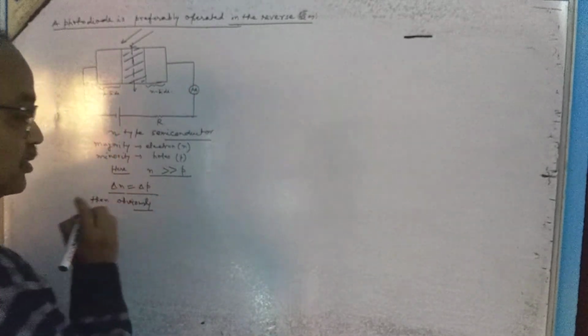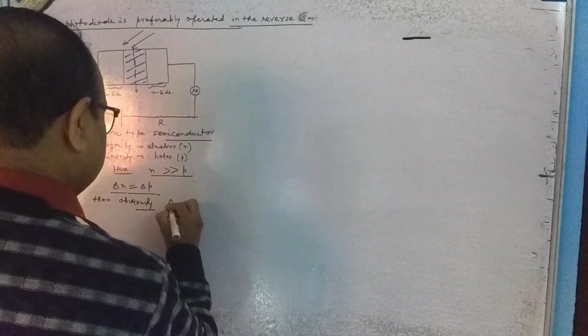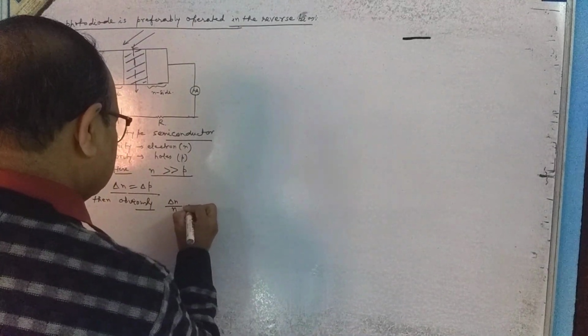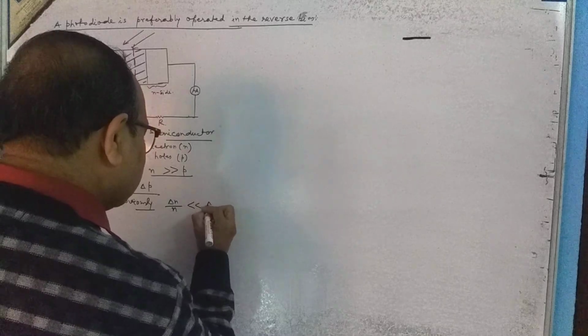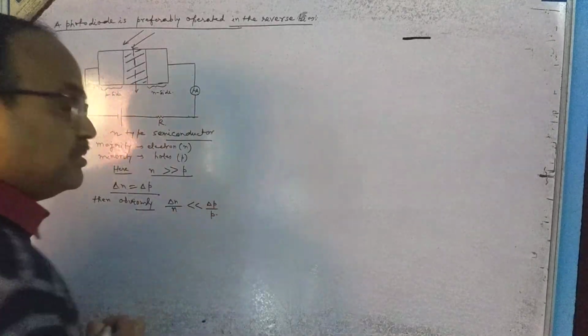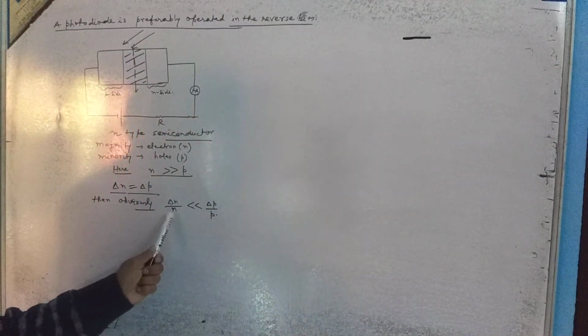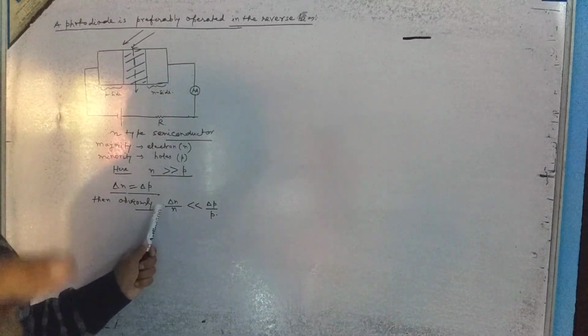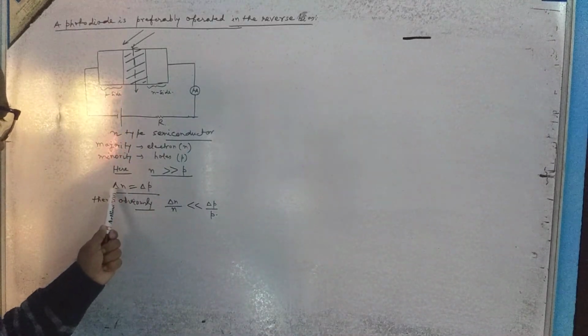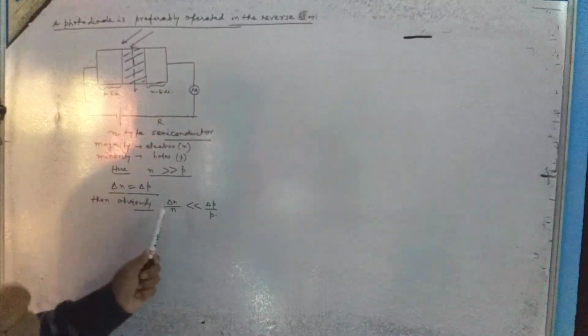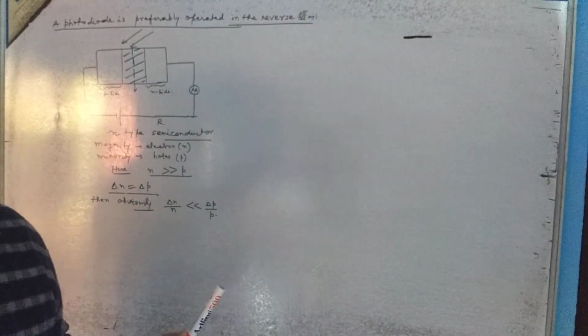understand this mathematical part. Obviously, delta N by N will be much less than delta P by P. What is this? Fractional increase. Delta N is the increase in the number of electrons, and delta P is the increase in the number of holes.